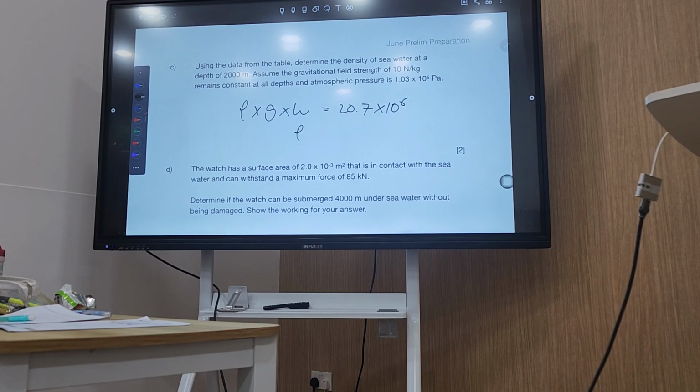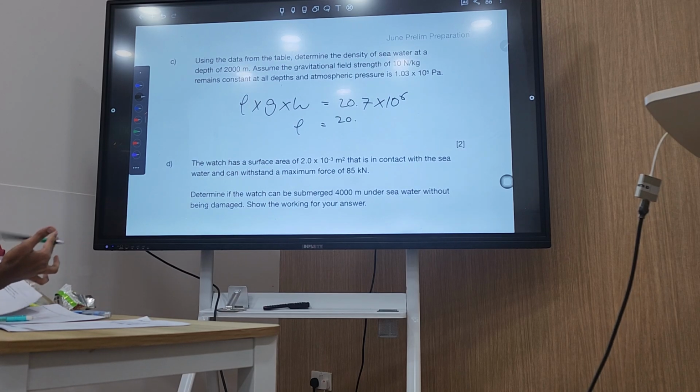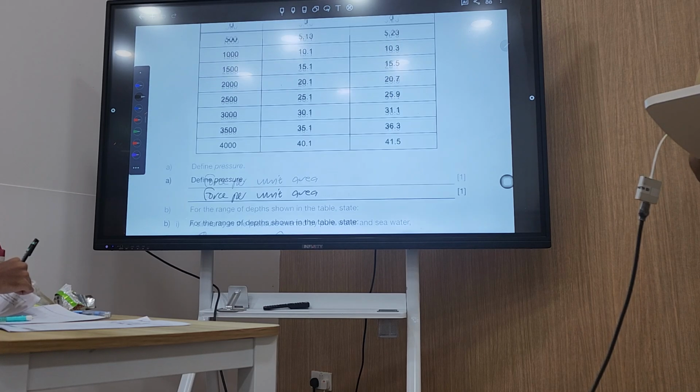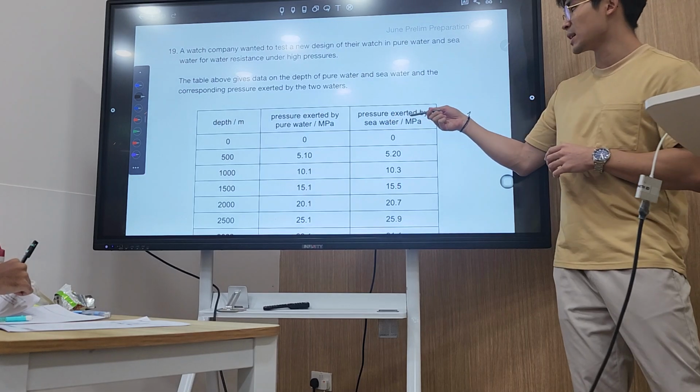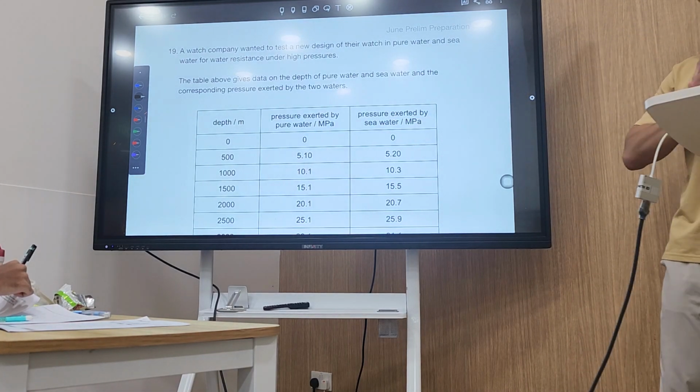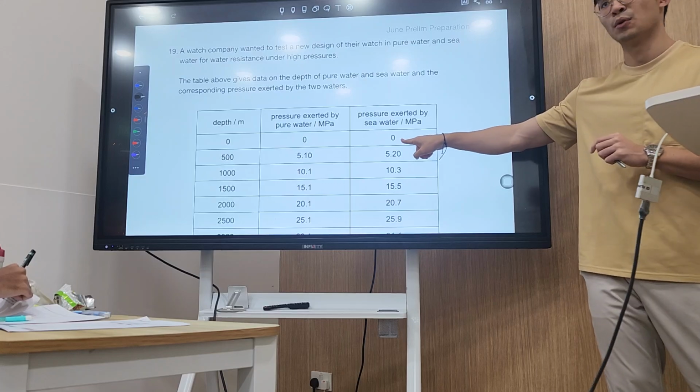If you have the answer sheet that I sent out, apparently I sent it to some people only, I'm sorry. The answer sheet includes your atmospheric pressure here. I'm sorry, there is a change to the answer because this one is pressure exerted by seawater, not atmosphere. Atmospheric pressure is not included, that's why this one is 0.